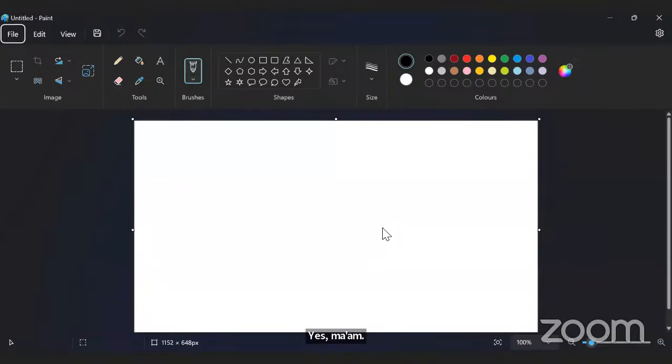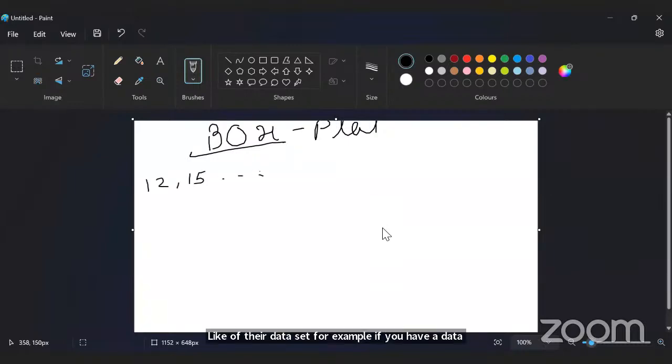So I'll first start with the box plot method. This is the method to represent the 5-point summary of a data set. For example, say you have a data set of some 10 points. Now we have to represent the 5-point summary of this data. What is the 5-point summary?